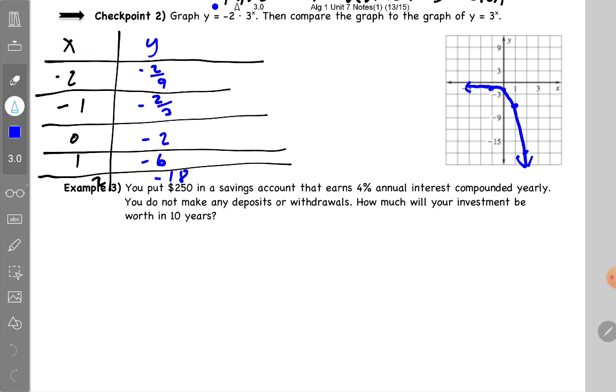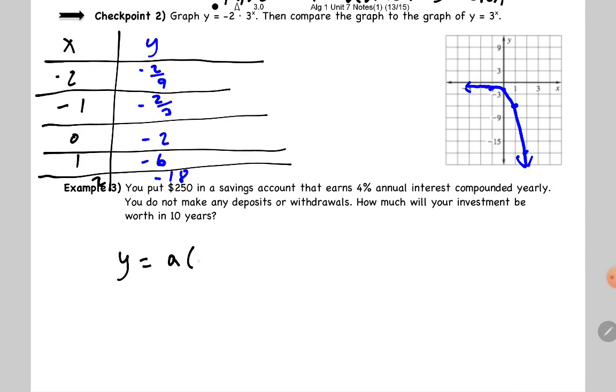So we have a formula. Y equals A times 1 plus R to the T. A is our initial amount, so we put $250 in. So that's 250.